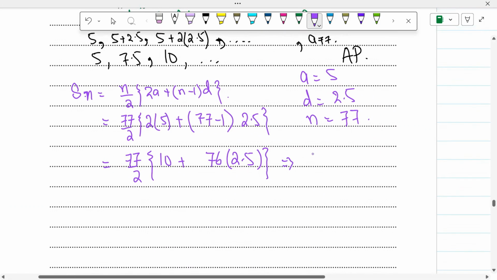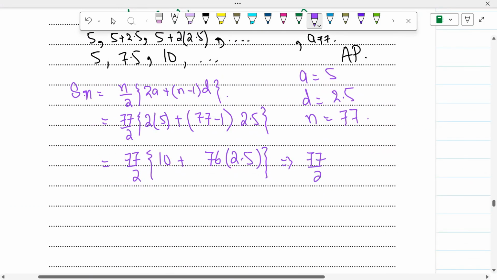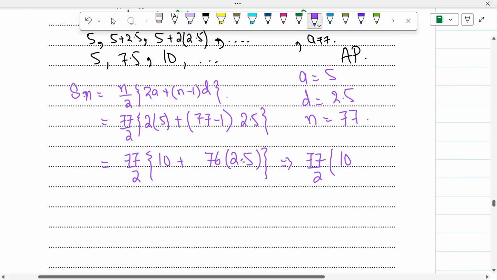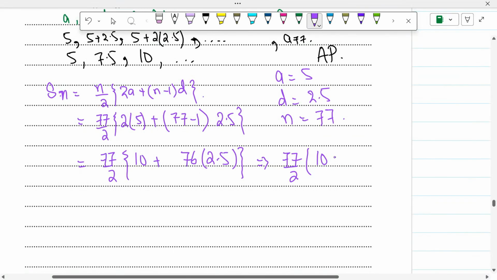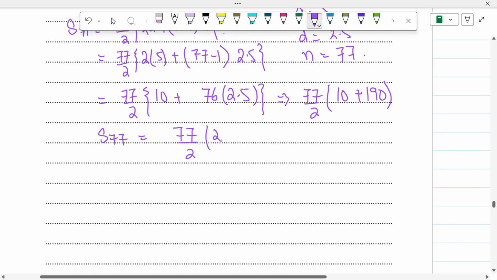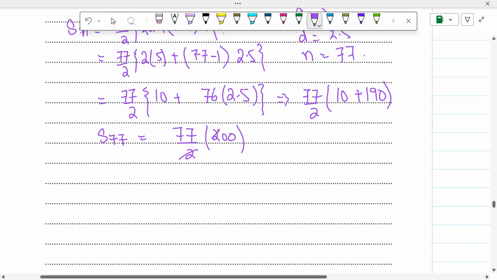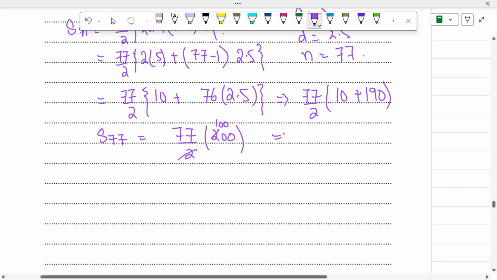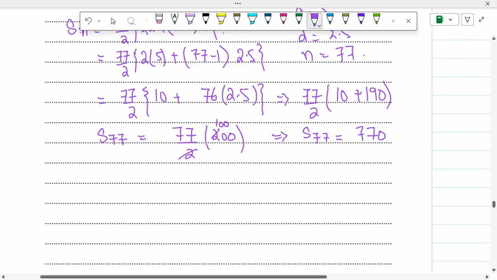Further solving, 76 times 2.5 is 190. So S77 is equal to 77 over 2 times 200, and this is 100, so S77 is equal to 7700.